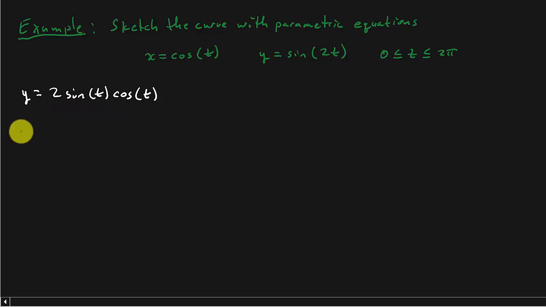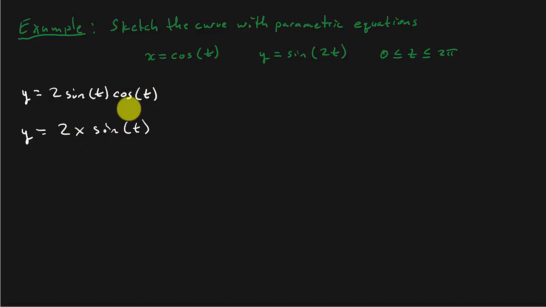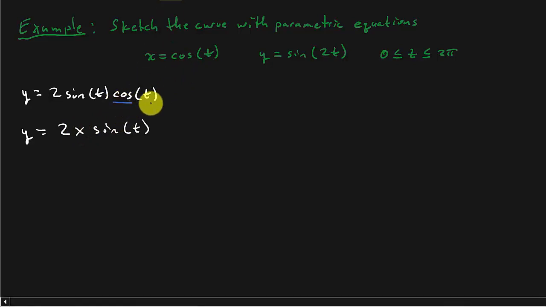And so that tells me that y is equal to 2x times sine t. Oh, what did I do there? Well, I replaced cosine with x. You see that? I replaced cosine with x.